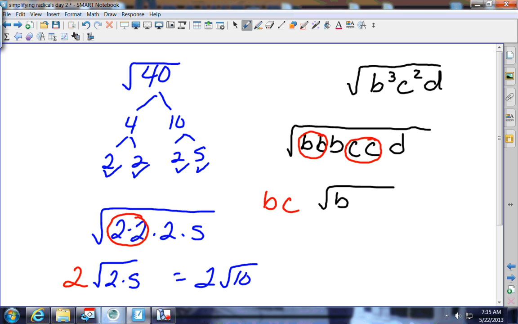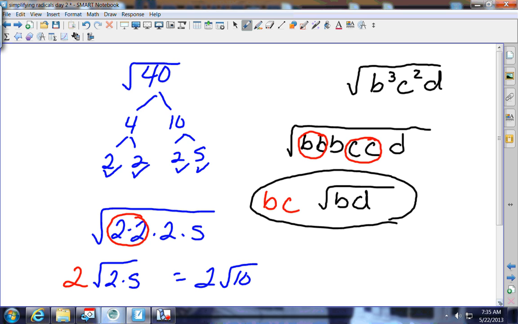That gets to come outside the house. I have a D. It doesn't have a partner, so it stays inside the house. This would be the simplified form. You have to have a partner to come out.